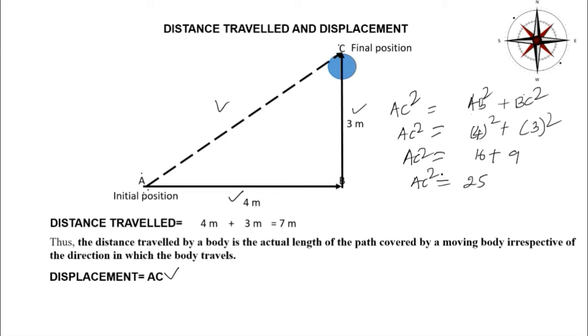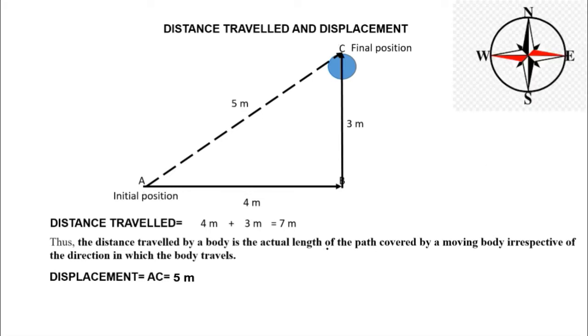But AC square is 25, so AC is equal to the square root of 25, which is plus or minus 5, but we have to consider this as a positive 5 meter. So therefore the displacement is 5 meter.